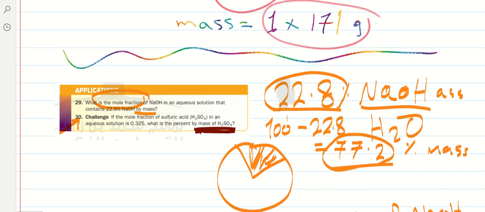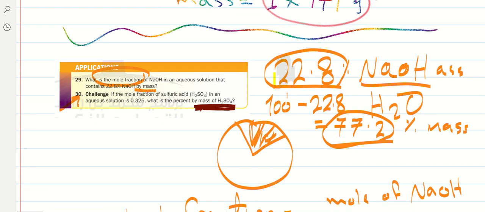What is the mole fraction of sodium hydroxide in an aqueous solution that contains 22.8%? Okay, 22.8 sodium hydroxide, so the water will be 100 minus 22.8. Simple. If all of it is 100, if you draw a pie chart, this is the sodium hydroxide and all of this is the water.